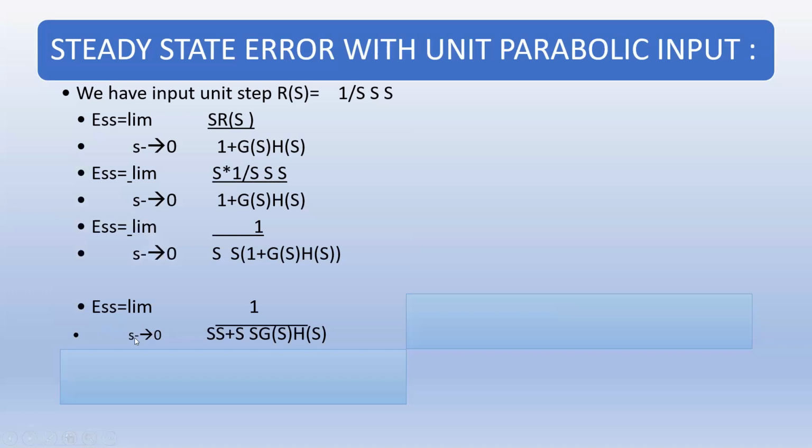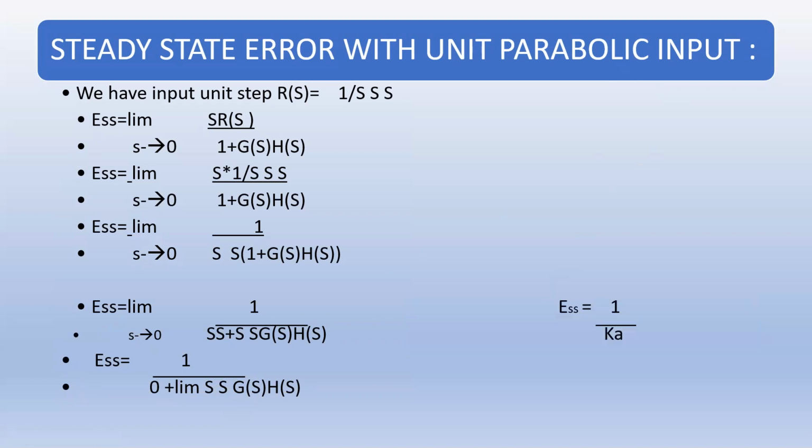If we substitute s equal to 0, the first term becomes 0, and taking the limit inside, we get limit s tending to 0 of s square into G(s)H(s). If we observe keenly, this is the acceleration error constant. Substituting it as Ka, the steady state error when the parabolic input is given is 1 divided by the acceleration error constant.